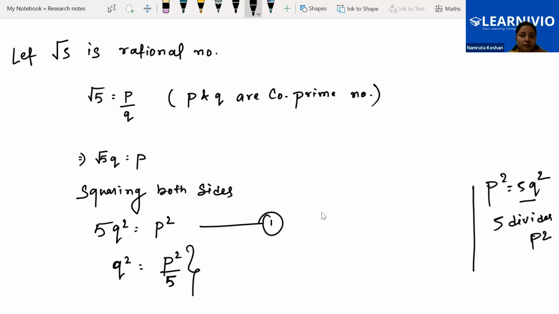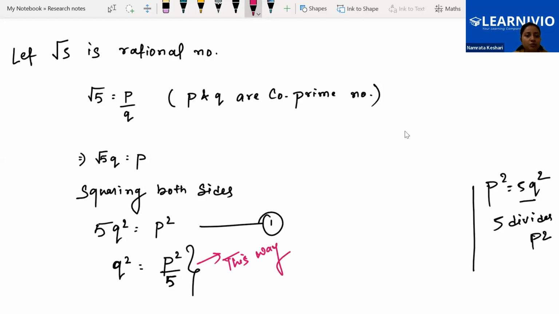Yesterday I said that p square equals 5q square, and from here we can make the conclusion that 5 divides p square. And today I am saying that we can also write it this way, which is easier to understand.